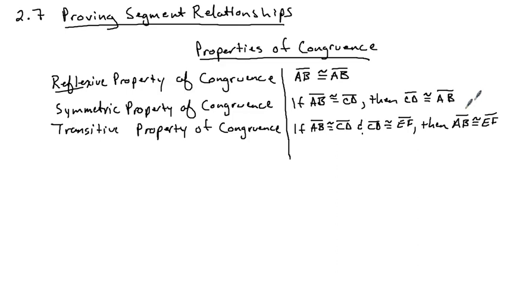And this is another example of that law of syllogism. We say if this is congruent to this, and then that same thing is congruent to another thing, then the first thing and the last thing are congruent.